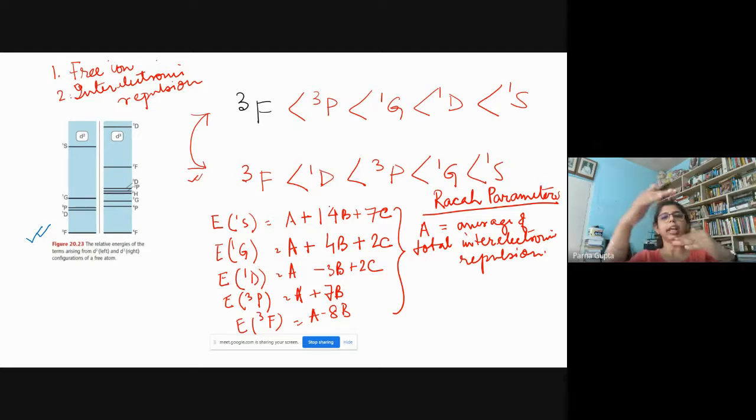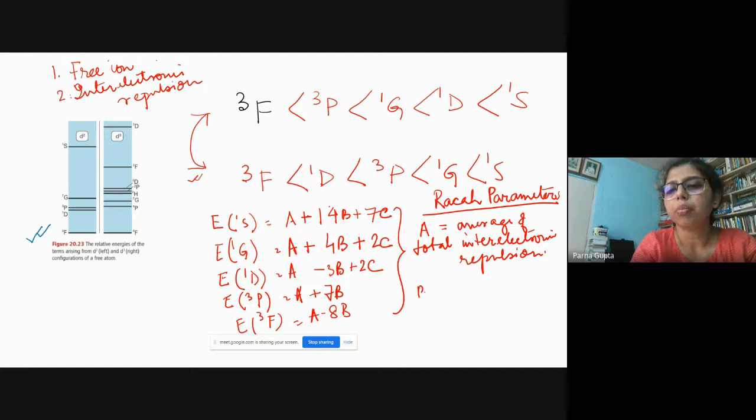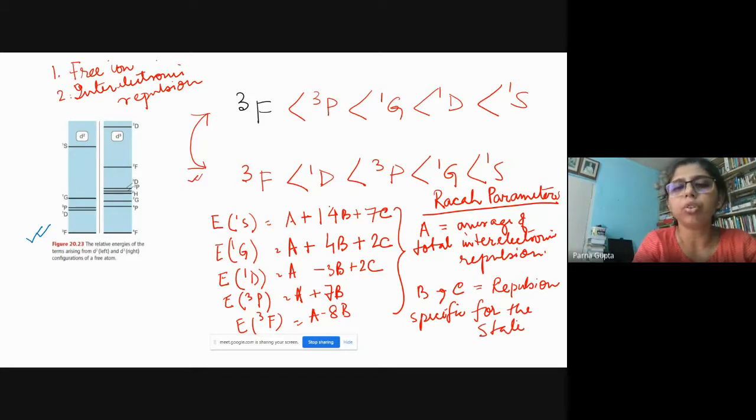So we just take the value of A in all the calculations and then we start, right? And B and C are the repulsion specific for the state. Like what I told you, this is the state, right?